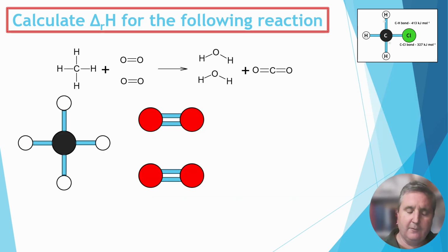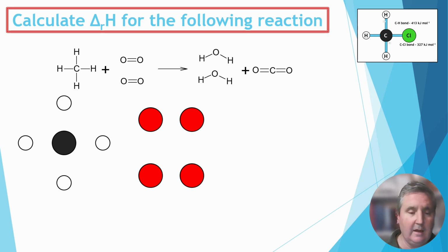So quickly, before we carry out the calculation and account for all of these values, let's look at what's happening. What's physically happening here is we have a methane molecule and we have two oxygen molecules. We're going to break all of the bonds in the methane molecule. That's 4 carbon to hydrogen bonds, and we're going to break 2 oxygen to oxygen double bonds in the oxygen molecules.